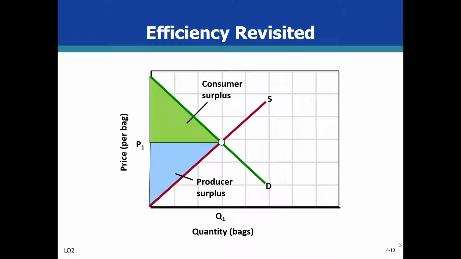One is productive and allocative efficiencies at the point of equilibrium. But in this particular set of charts and tables that we have reviewed, we also introduced that the maximum surpluses for both consumers and producers are attained at market equilibrium.